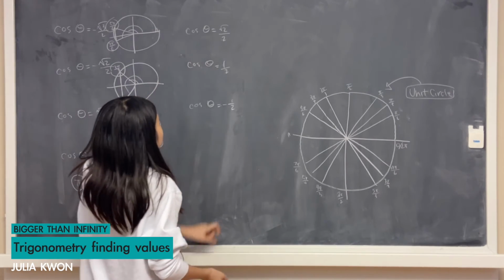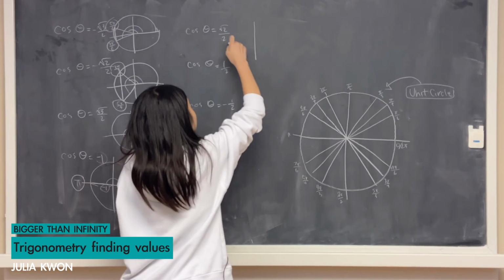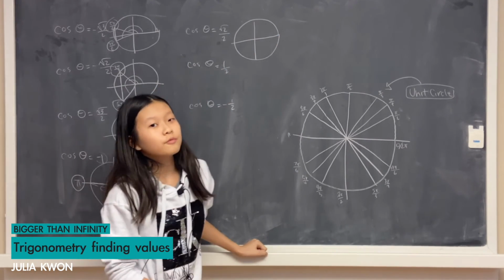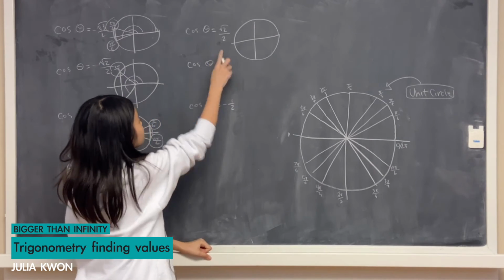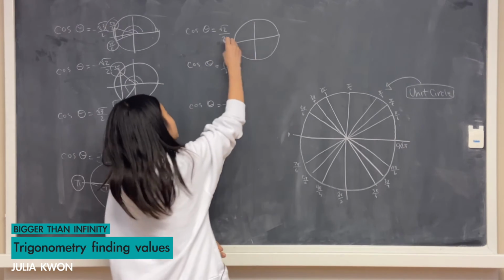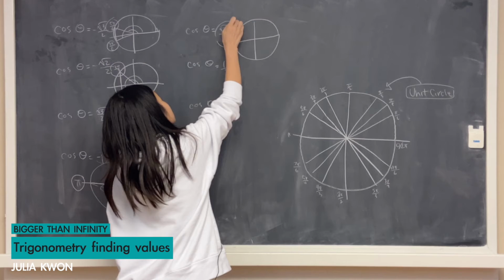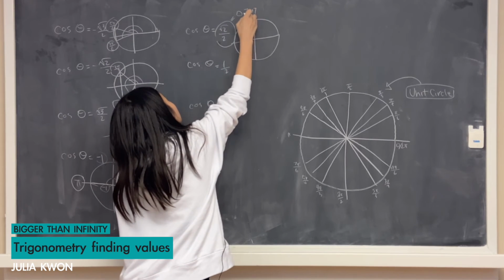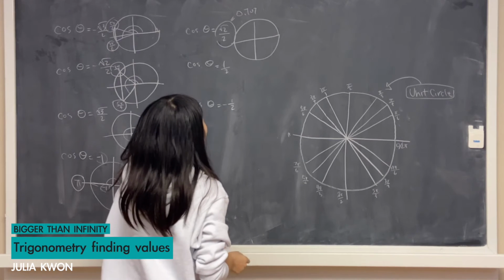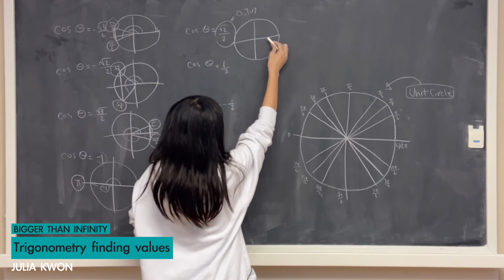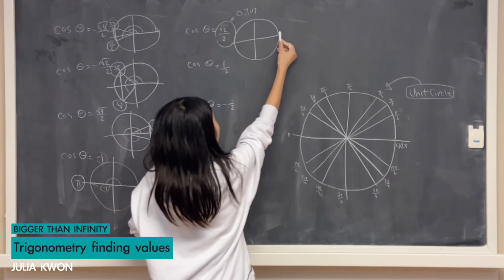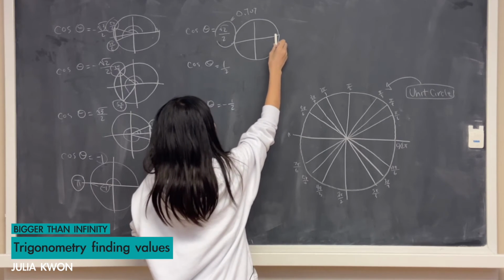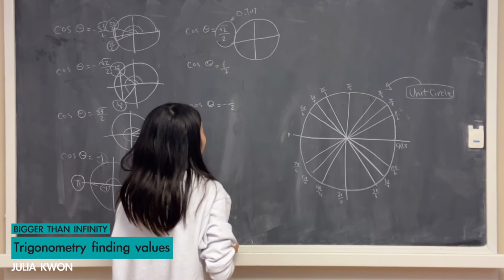Now this one on the top. On the problems before that included square root of 2 divided by 2, I forgot to mention that this is 0.707, and that's why it's kind of close to the middle and kind of close to 1.